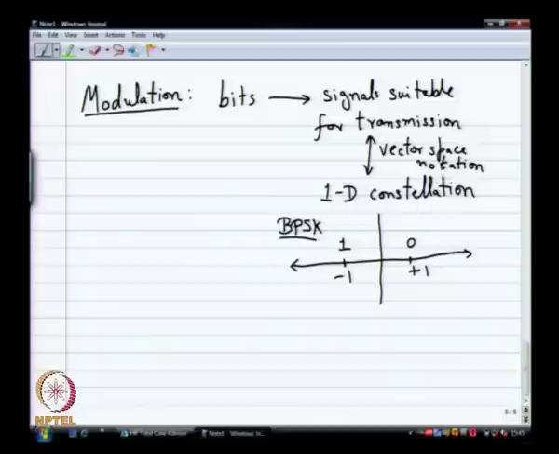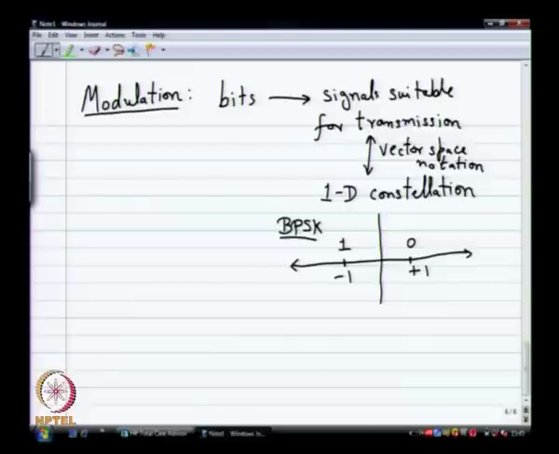This is binary PSK, a very standard constellation that people use. We will not go into any detail on the digital communication part of it, we will simply directly use this BPSK constellation for almost the entire course. Maybe later on, if needed, I will mention how to do other constellations. It is not too difficult once you understand how the BPSK constellation works.